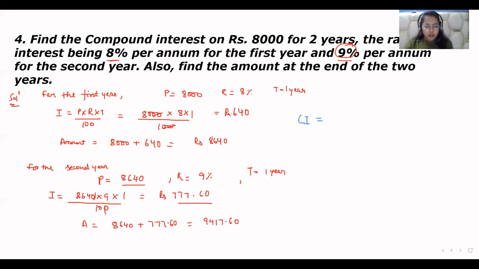You can find it by adding both of them or by subtracting the original principal from the final amount. So I'm doing it by final amount minus original principal.